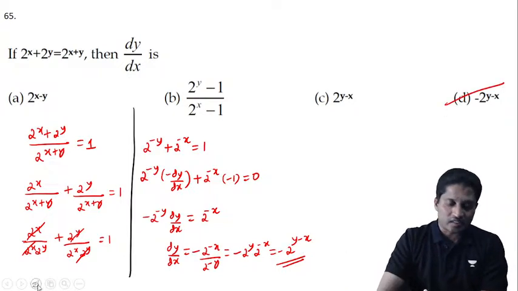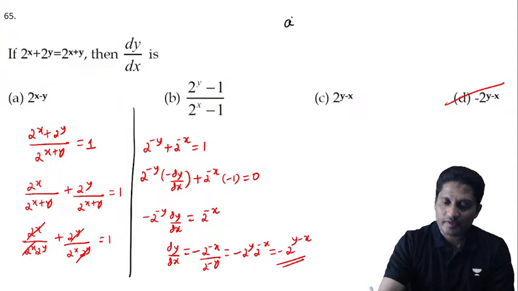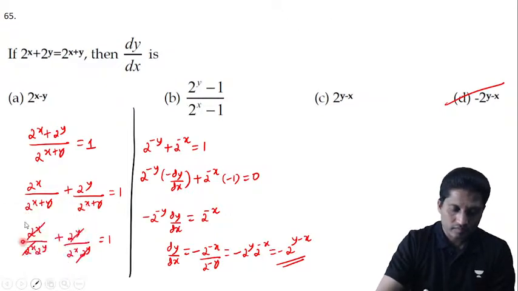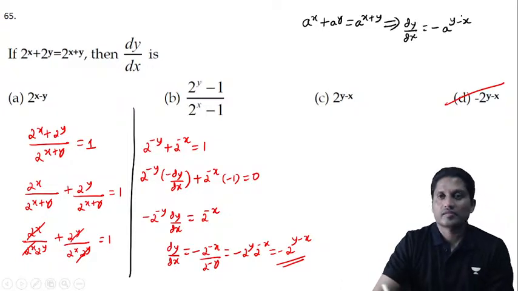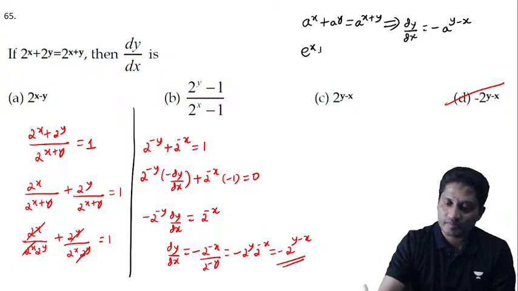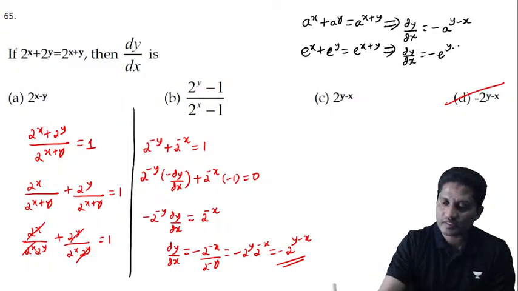See, actually it's a standard result. When you have a power x plus a power y is equal to a power x plus y, then dy by dx is equal to minus a to the power of y minus x. If you have e power x plus e power y is equal to e power x plus y, then dy by dx is always equal to minus e to the power of y minus x.